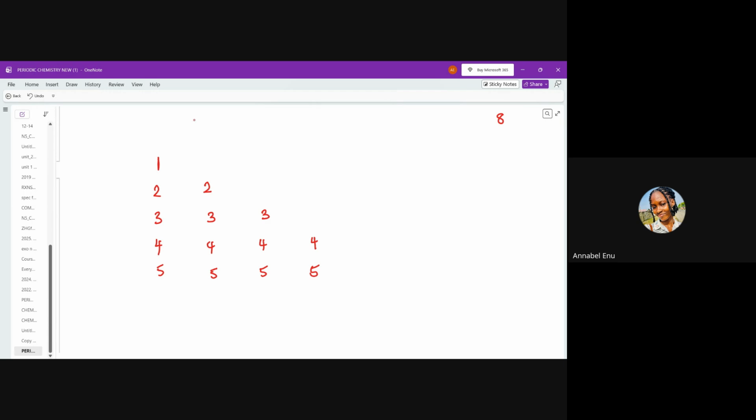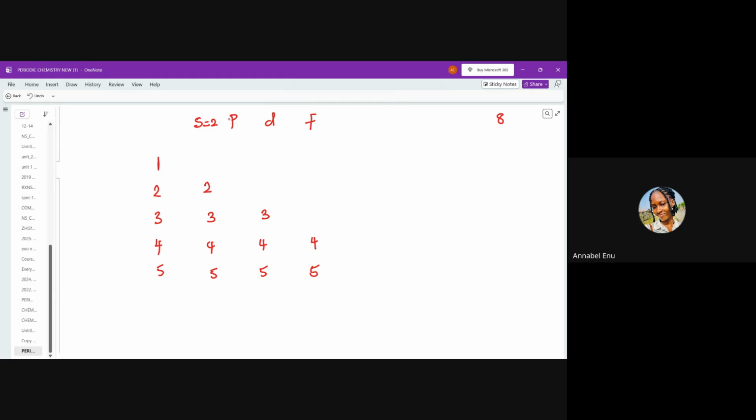Now we have 4 subshells, which are the S, the P, the D, and the F. Now the S subshell has a maximum of 2 electrons. These are things you have to more like memorize. It's not difficult, okay? Just know them.